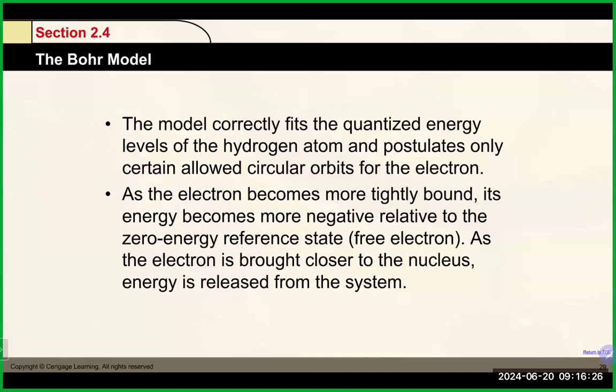So as electrons become more tightly bound, the energy becomes more negative, and as the electron is brought closer to the nucleus, energy is released to the system. A reminder, when you calculate energy and you end up with a negative value, you should keep the negative sign, because that tells people it is an exothermic process.